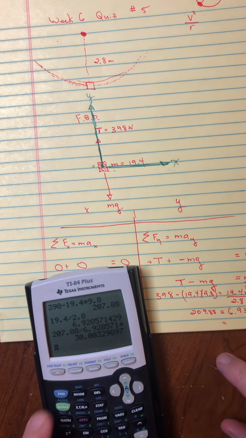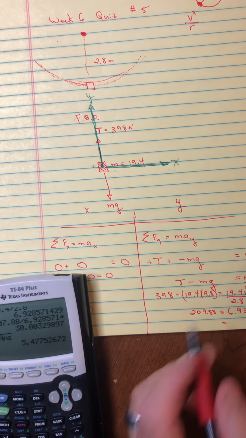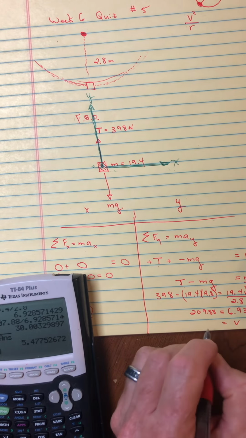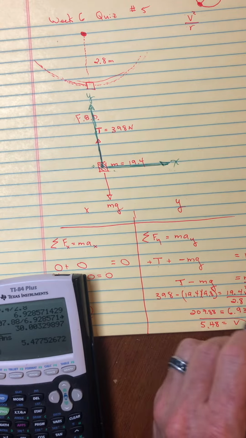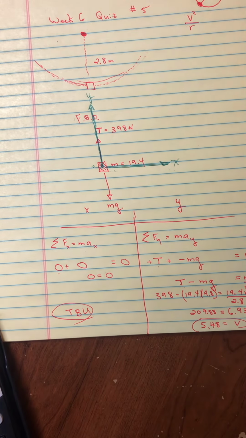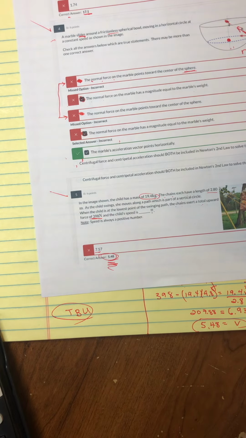So that's velocity squared. Taking the square root of that, I get velocity is 5.48. Yay! And good, does match the computer's answer, 5.48.